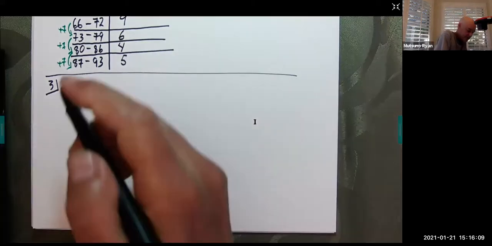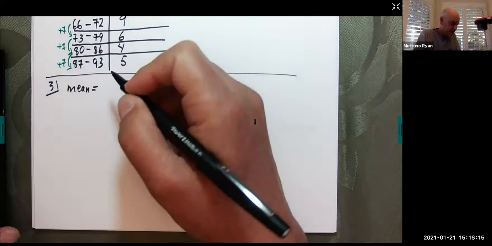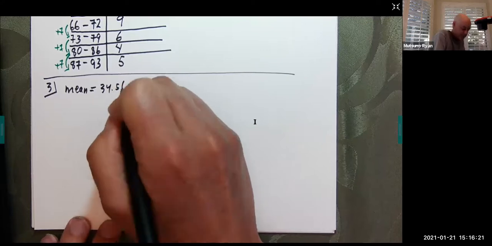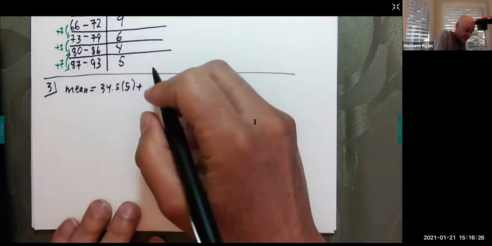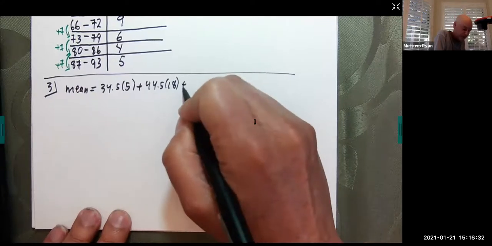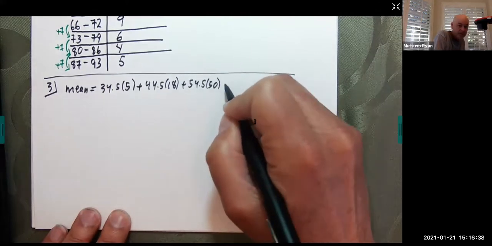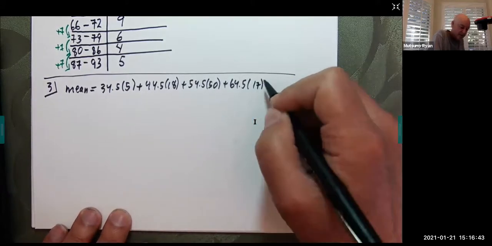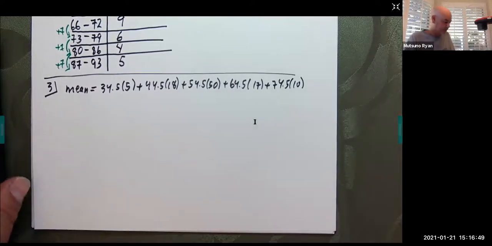So the mean is going to be the first midpoint, 34.5, times the frequency, which is 5. And I'm going to do the same with the 40 and the 49, add them together, divide by 2. That's going to give me 44.5 times 18 plus 54.5 times 50 plus 64.5 times 17 plus 74.5 times 10. I'm going to be real careful here.